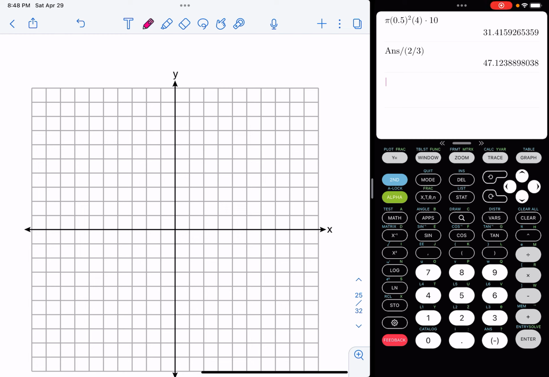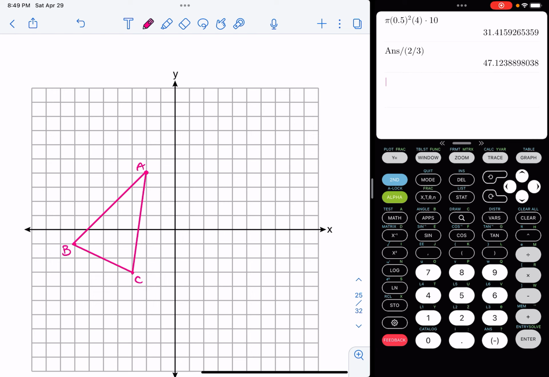A is -2, 4, B is -7, -1, and C is -3, -3. I'm going to plot those and use straight lines to connect them. Always label your points too. When you plot -2, 4, for instance, make sure you put the A next to it.